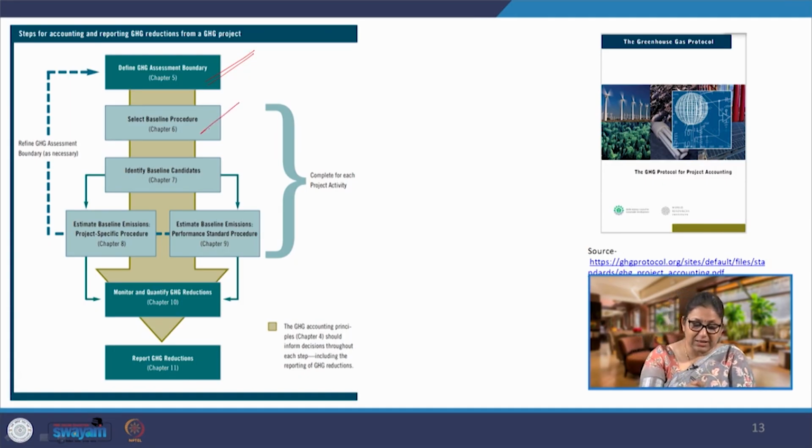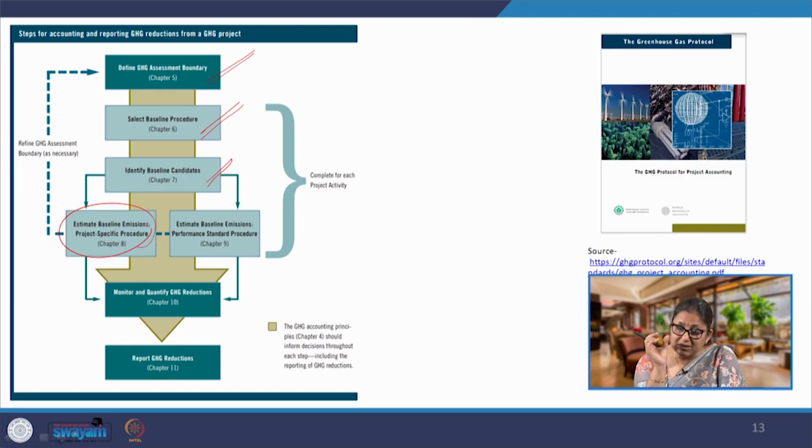We select the baseline procedure and identify the baseline candidates as we have just talked about, and we estimate the baseline emissions, which could be the project specific procedure or the performance standard procedure. Either of the two procedures we will use. A lot of information related to project specific procedures you could find on the India GHG Program.